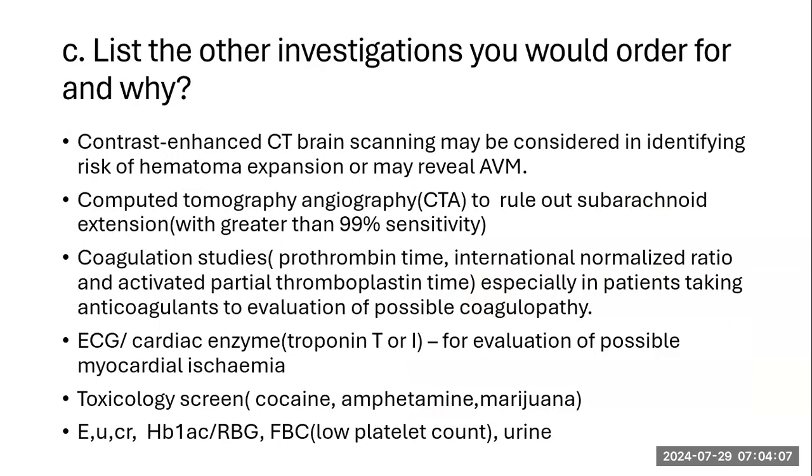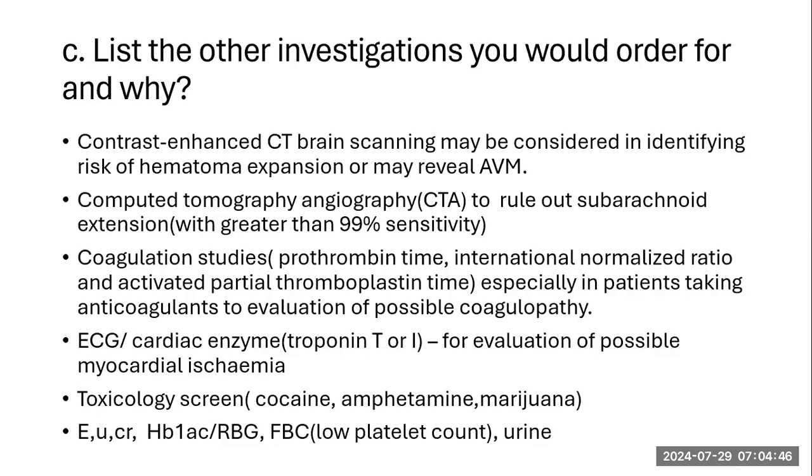List other investigations you will order and why. The brain CT scan confirms that we're dealing with intracerebral hemorrhage. So other investigations that I will do, especially to rule out other complications or comorbidities, include a contrast-enhanced CT brain scan, which may be useful in identifying risk of hematoma expansion.